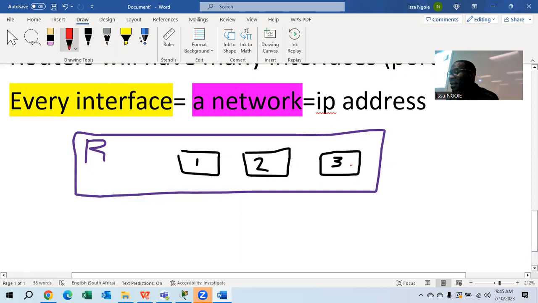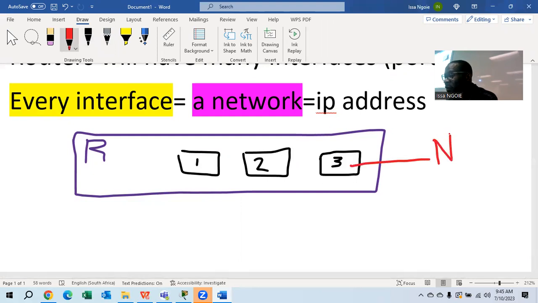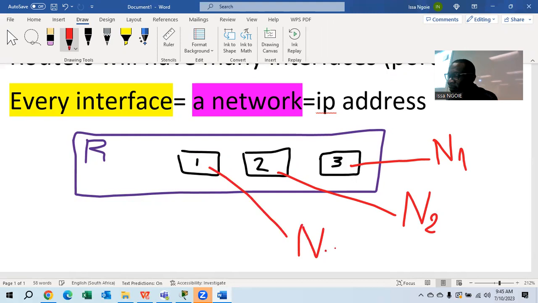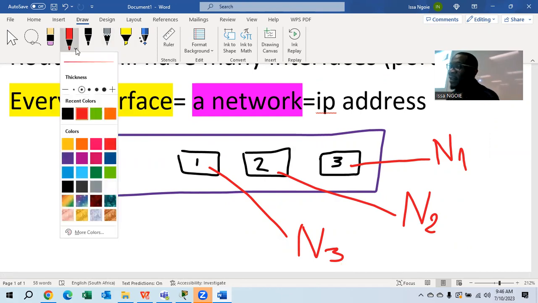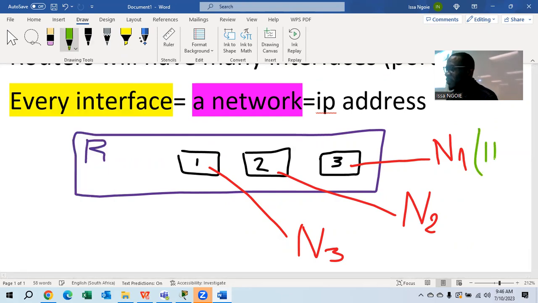So what I've said is this: every interface is a network. Every interface from your router is a network. And for every network, there is a different network ID. There's an IP address, like IP address 1. Those are the network IDs. They are different, right?